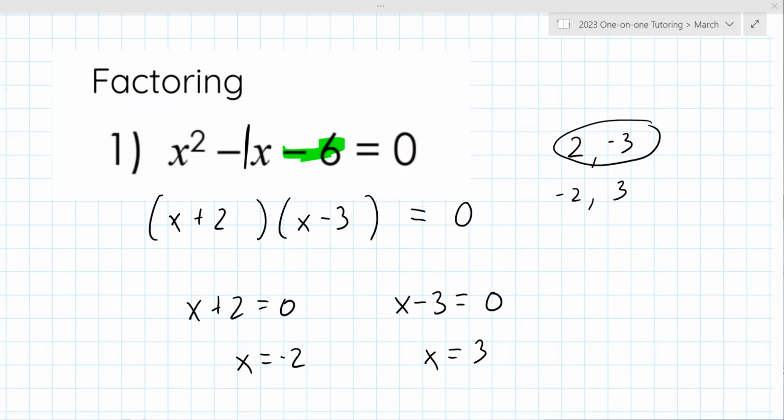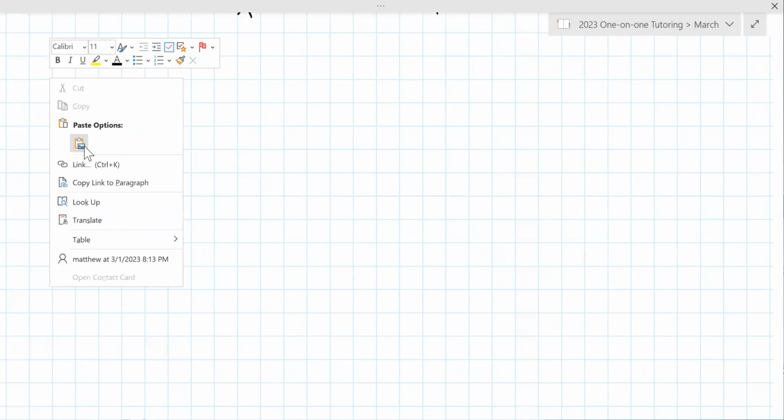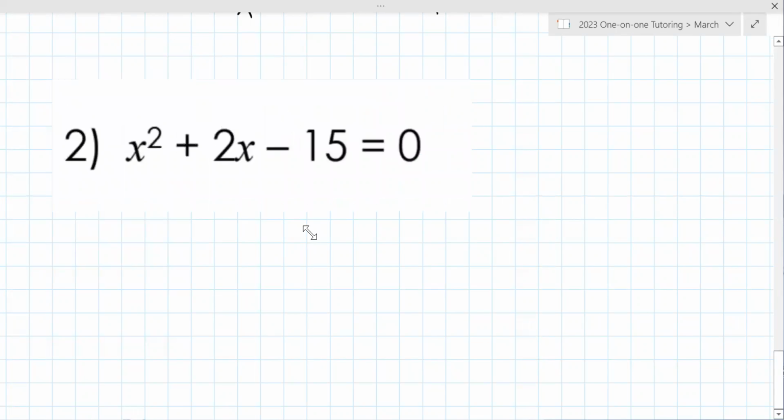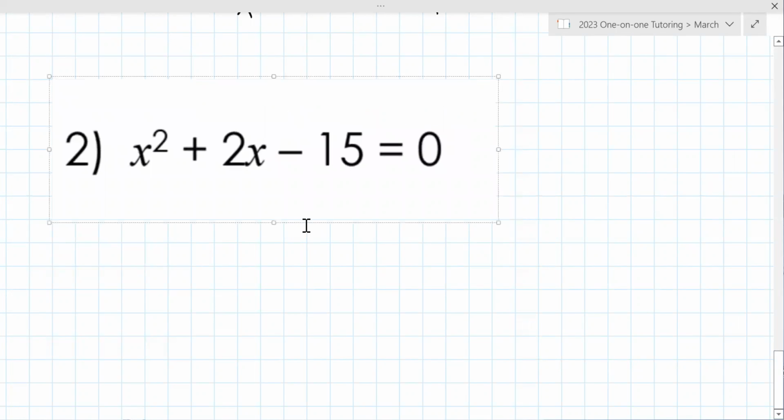All right. Well, let's take a look at another one here. So two numbers that multiply to -15, but add to +2.